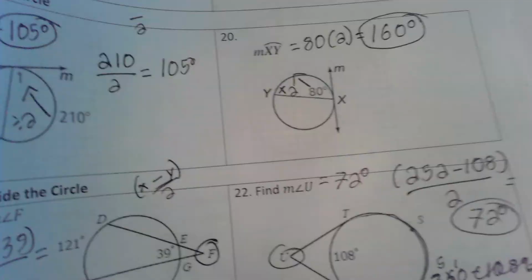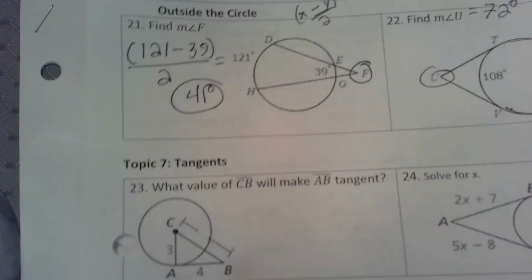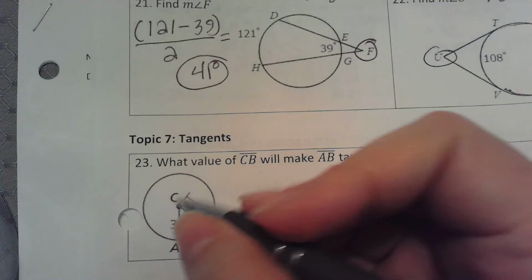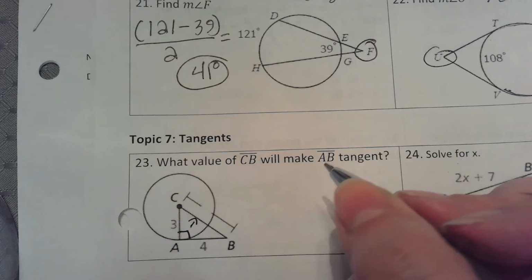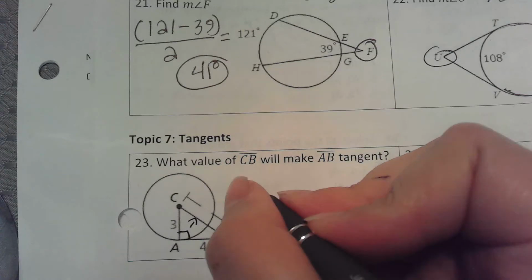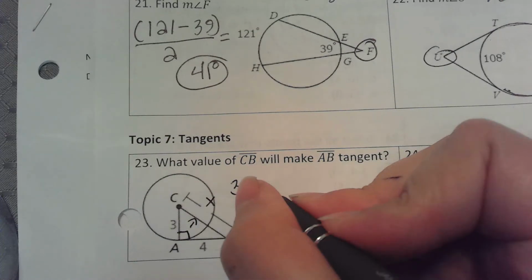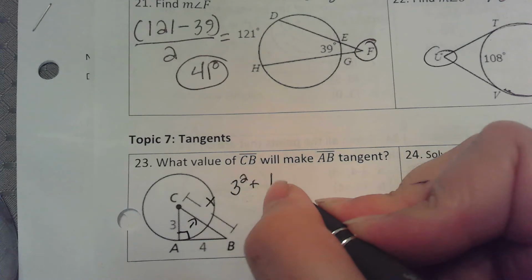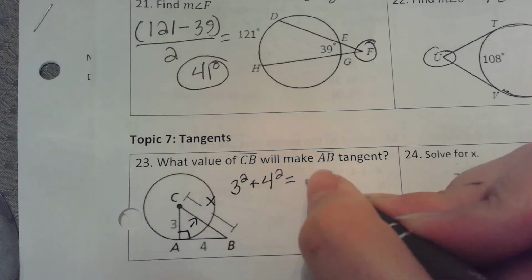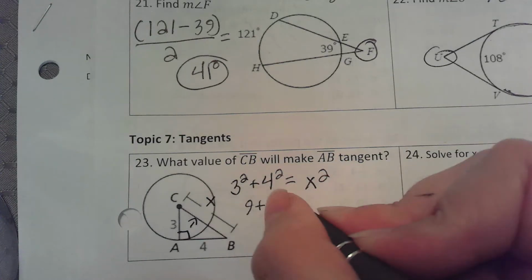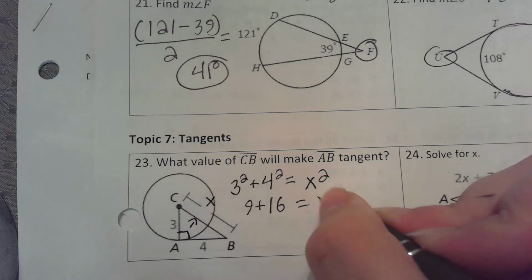Okay, it says what values will make this tangent, everybody? So remember, it's going to be a right triangle. Okay, so angle A is our right triangle. So I'm going to put this as x. This is our hypotenuse. So 3 squared plus 4 squared is equal to x squared. So that's going to be 9 plus 16 is equal to x squared.